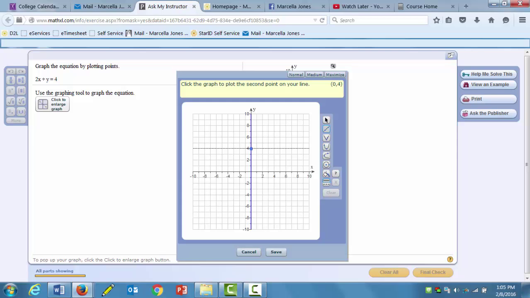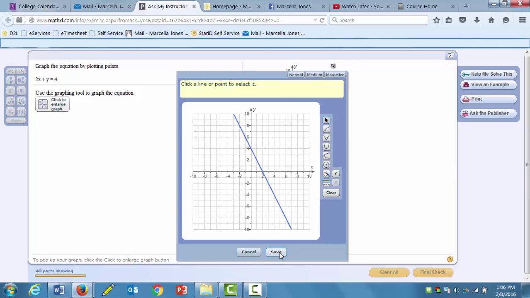So it's telling you you are at the point (0, 4). Now I want to plot the point whose x-coordinate is 1 and whose y-coordinate is 2. So look in that yellow space up above, and you'll see that I am actually at that point. So I click there. I'm now going to click anywhere on the graph to make the line solid.